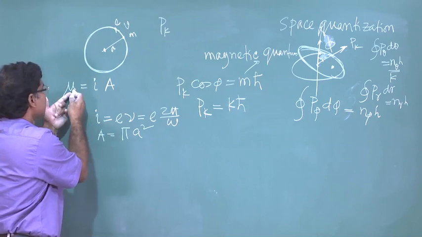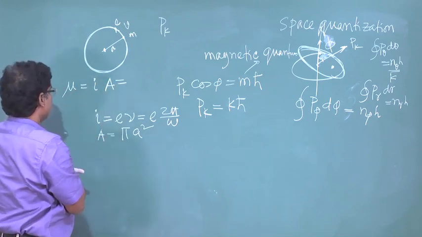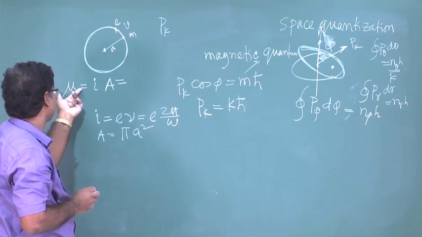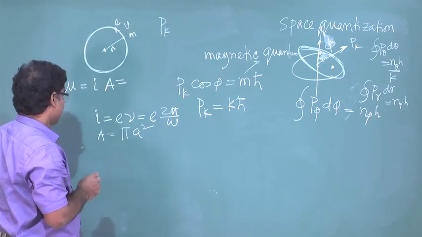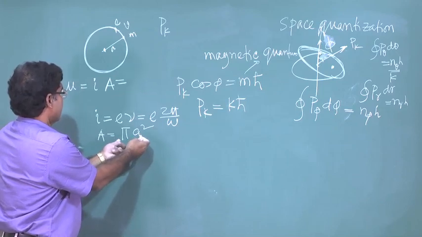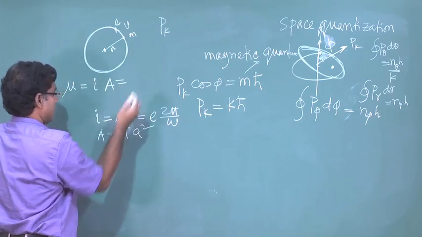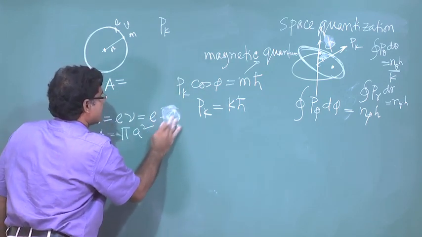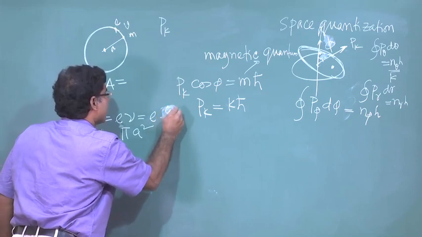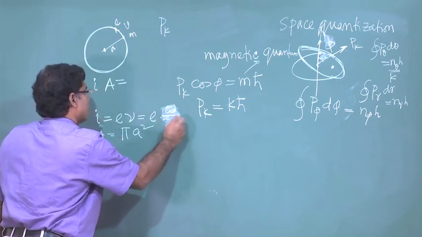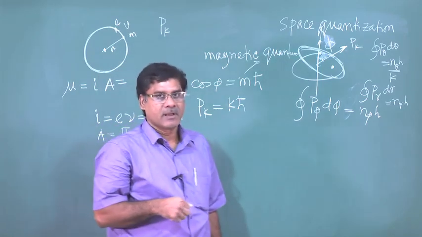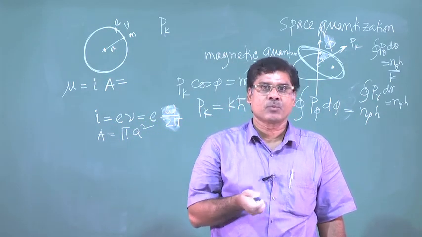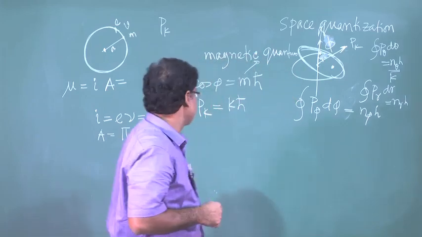So, your mu, the magnetic moment of this electron, will be pi a square... sorry, I made a mistake, it is not 2 pi by omega, it is omega by 2 pi, because angular velocity omega is equal to 2 pi into frequency.